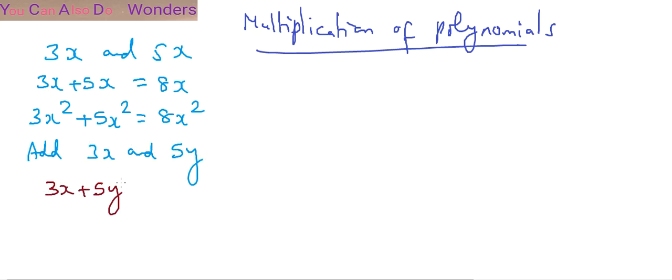But are these two like terms? No, they are not like terms. So we cannot simplify this further. If we add 3x and 5y, the result is 3x plus 5y. It can't be simplified further.